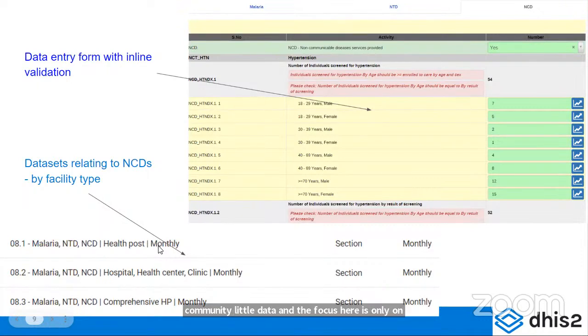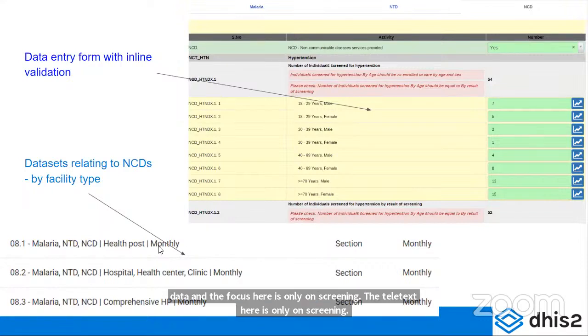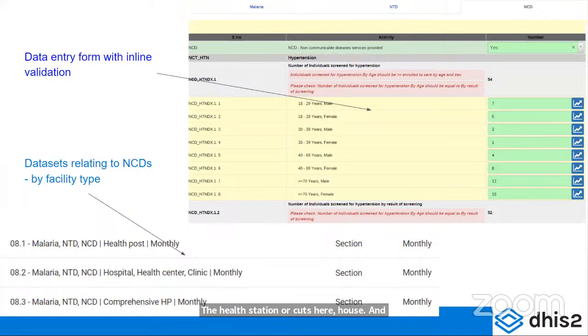The health extension workers here go house to house and screen every member of the household for any risk of cardiovascular disease, hypertension, diabetes mellitus, or many types of cancers. And whenever they identify them, they refer them to the health centers, which are the next level. So the health centers, the hospitals, and the clinics have another form.